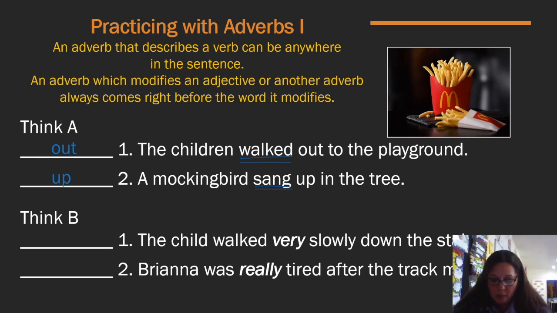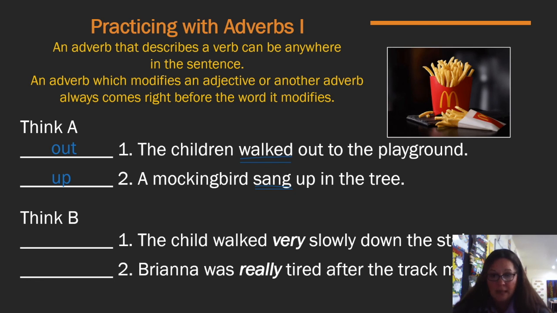That was Think A, and now we're going to continue on to Think B, where it says an adverb modifies an adjective or an adverb is italicized in each of the following sentences. In the blank, write the word which the italicized word modifies. So for number 1, the child walked very slowly down the stairs. Very is bolded and italicized, and we're talking about what it modifies.